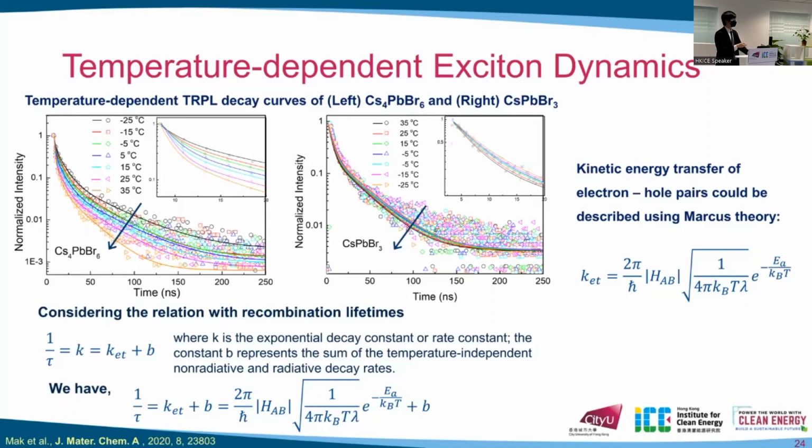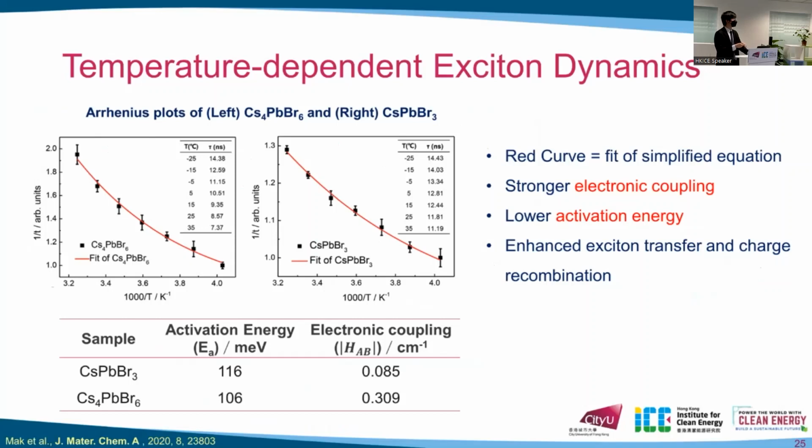We use this simplified equation to fit the various parts of the temperature-dependent photoluminescence, and we find that the activation energy of our proposed compound is lower than its sibling compound, and the electronic coupling is higher. That means that the zero-dimensional compound has a higher exciton charge and charge recombination rate and gives us more radiation.